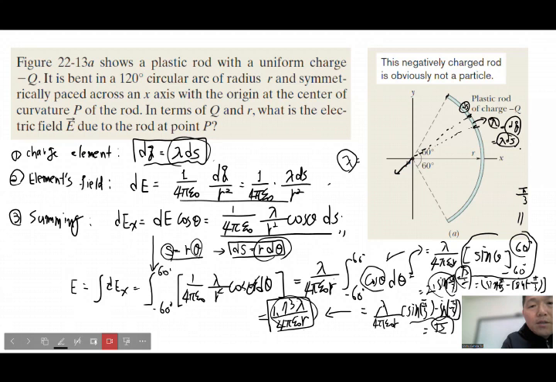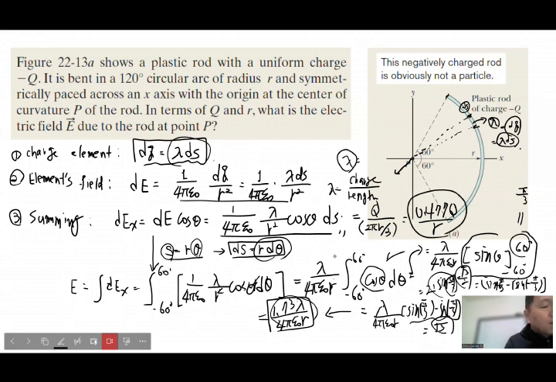Lambda is the charge density, so you divide the total charge by the length of the arc, and that gives the value of the line charge density. The total charge is q, and the length of this arc is 4 pi r over 3. So that is 0.477 q over r. Let's replace lambda with this.